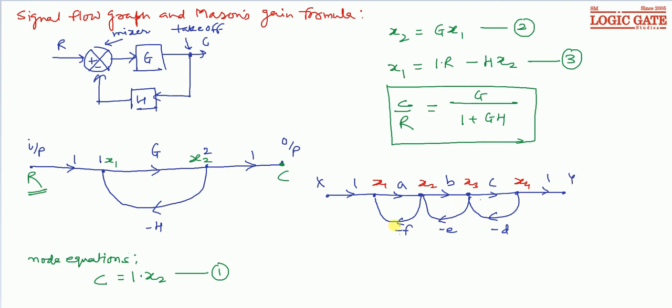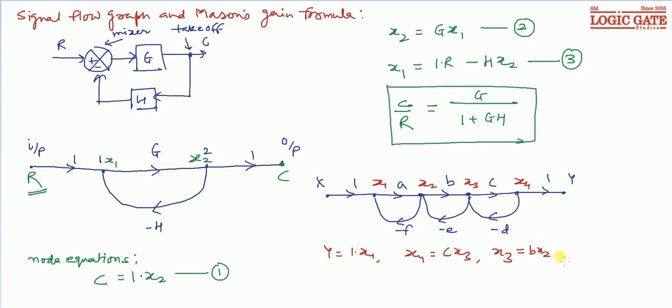So for the output node, the equation is 1 into X4, and then for the node with variable X4, equation is CX3.